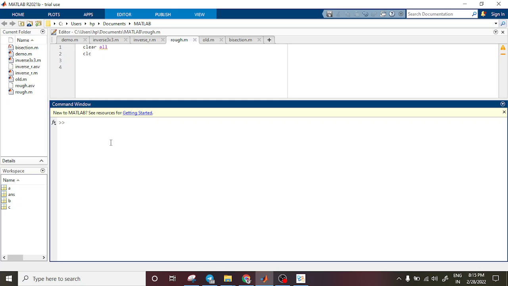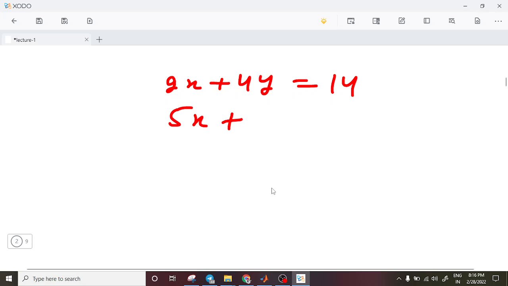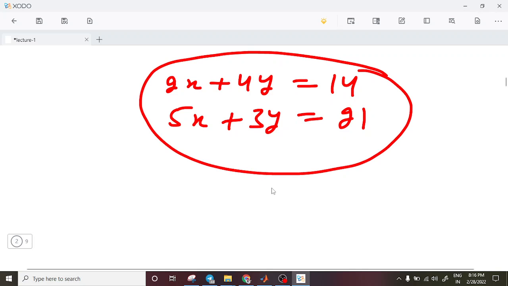Now next, which is a very, very important part. For example, you have some equations, I'm writing here: 2x plus 4y is equal to 14 and 5x plus 3y is equal to 21. So if you want to find the values of x and y, how can you find them? Very easy.